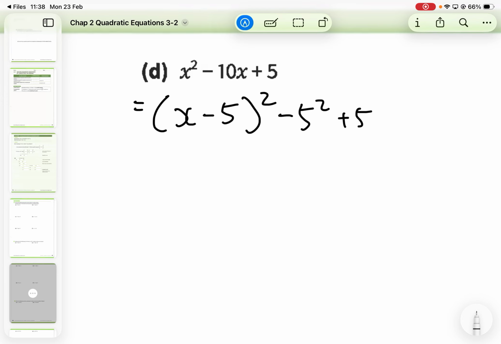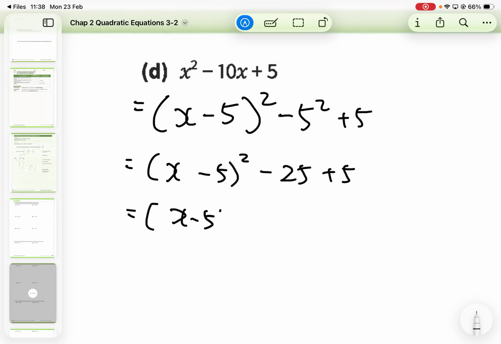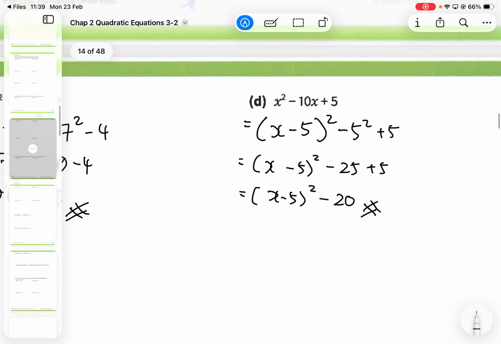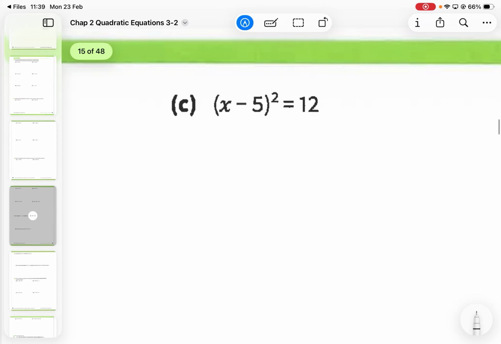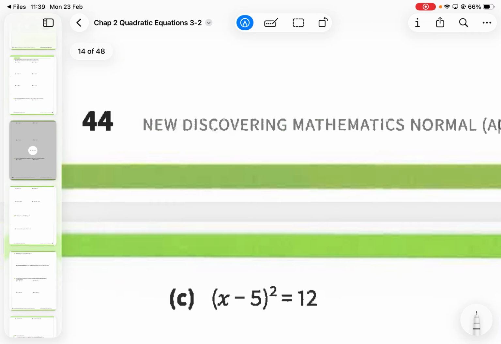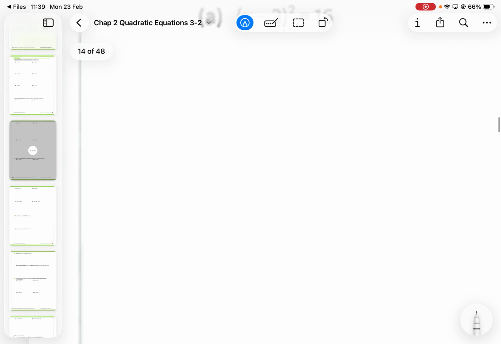X equals 7 or x equals negative 1. So I don't need to do my factorization. Okay? Then let us take a look at part C. Next page. Later then we come back. You try the B and D.